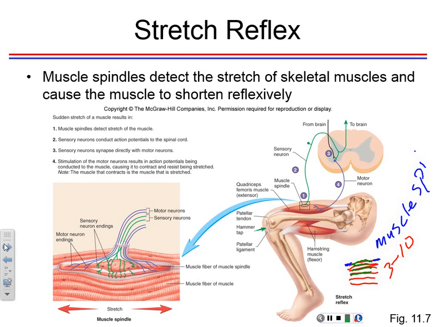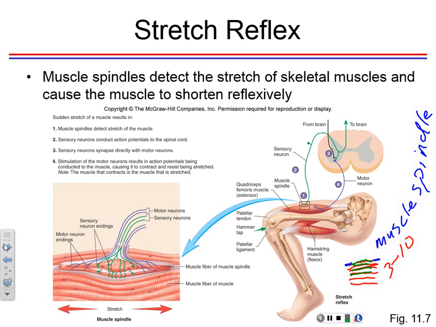That's the receptor. Remember, we said for a reflex, you need a receptor, you need a sensory neuron. This is the kind of receptor for a stretch reflex, and it's located in the muscle. When the muscle is being stretched, this receptor will sense it. It's called a muscle spindle, and the muscle spindle is just specialized muscle fibers that have a non-contractile center, and only the ends will contract.